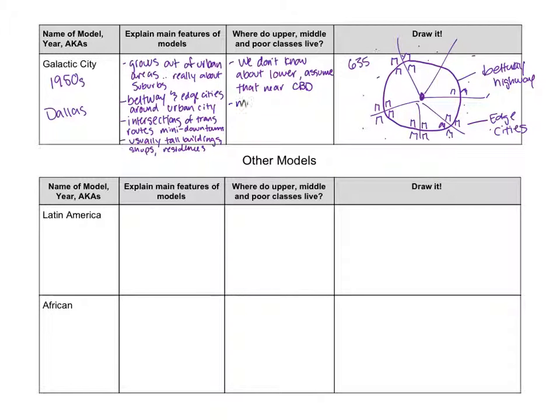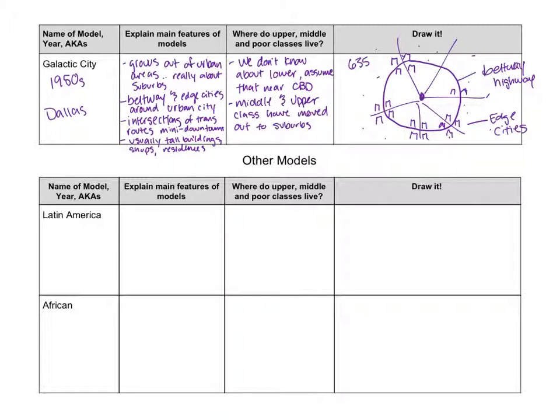But this means that the middle and upper class have moved out to the suburbs. Okay, so they can afford to move further out. So it's probably like your lower class are going to be really in there, and then your middle class kind of out there, and then your upper class further out.